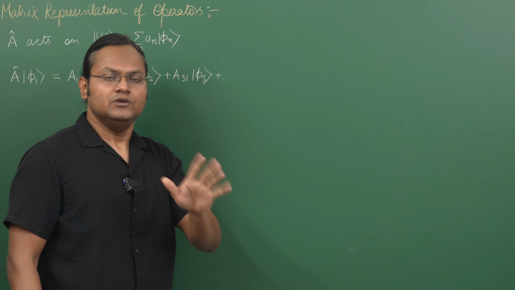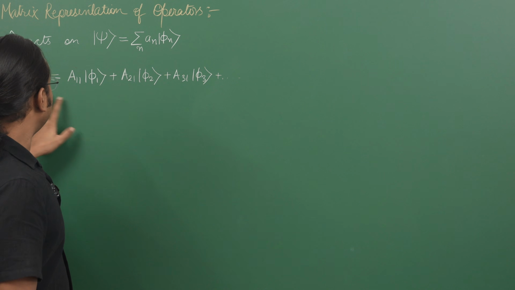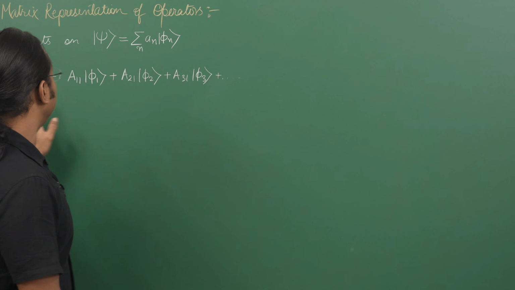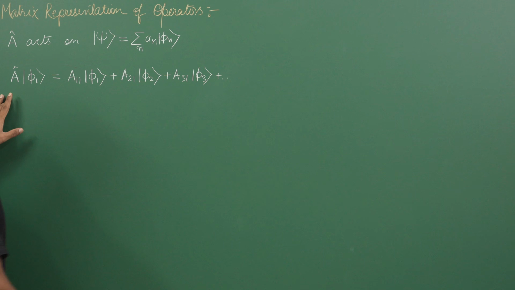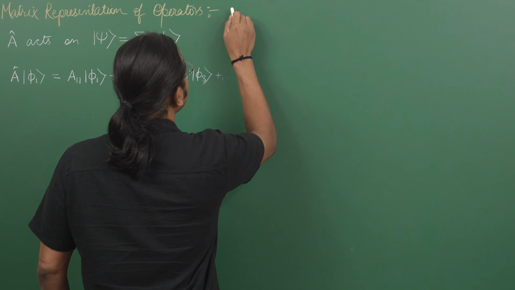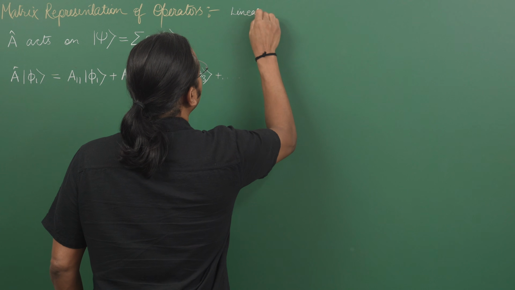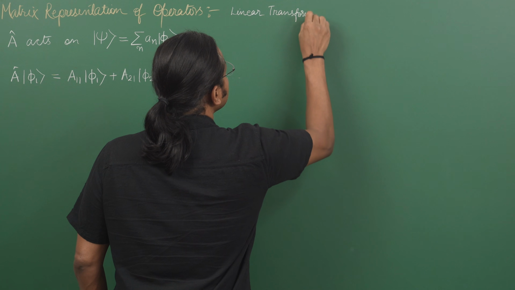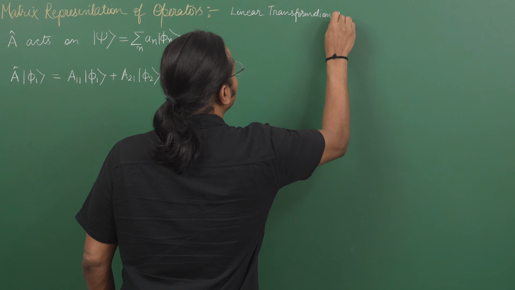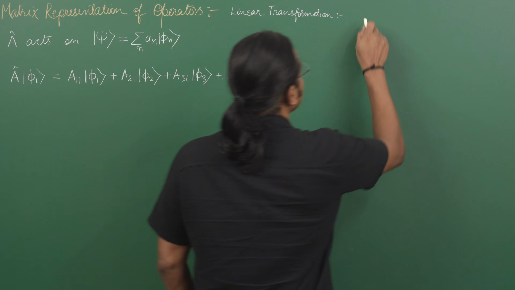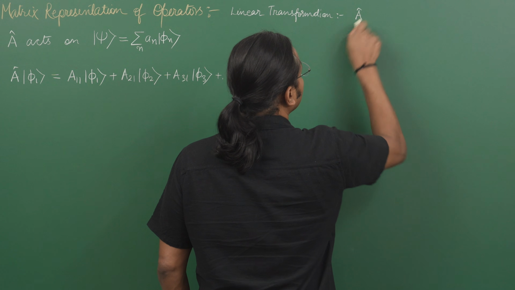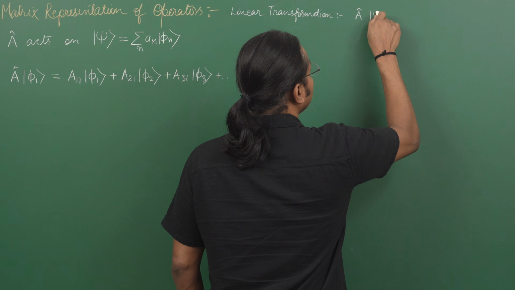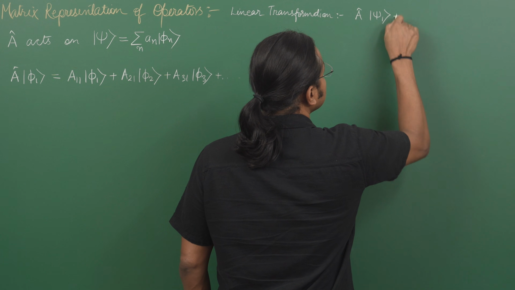By the way, I need to tell you that in quantum mechanics, the operators that I'm describing here essentially represent linear transformations. Let me just write here the property of a linear transformation, if you guys forgot. I have talked about linear transformations before when I was talking about Hermitian operators, etc. So linear transformation means if you have any kind of an operator and you operate it onto some kind of a state psi 1 plus psi 2.